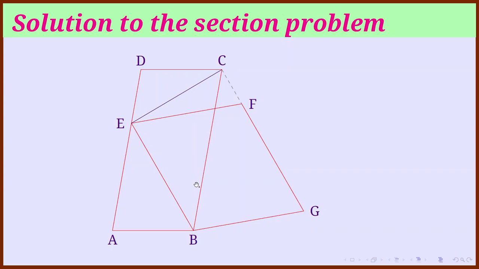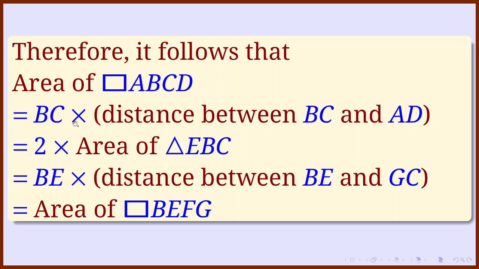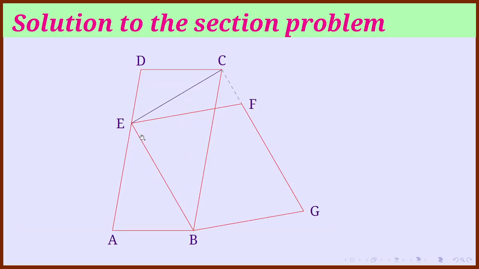Because the area of the triangle is half base into altitude, but base into altitude is equal to the area of this parallelogram. So it is twice the area of EBC. But the same triangle lies also between these two parallel lines, so twice its area can also be equal to BE, the base of this triangle, into the distance between BE and GC, that is the altitude of EBC considered now in this fashion.